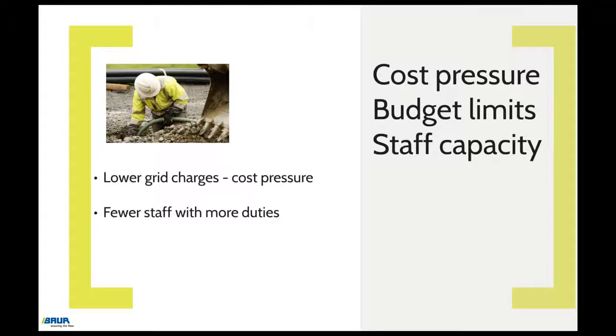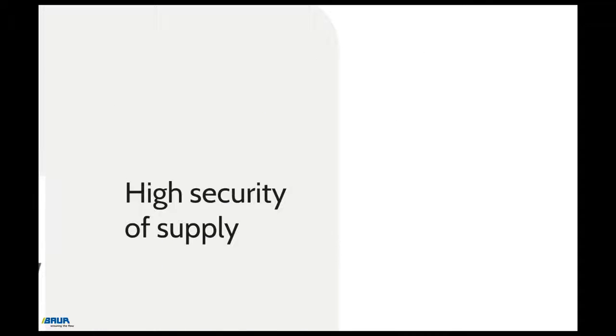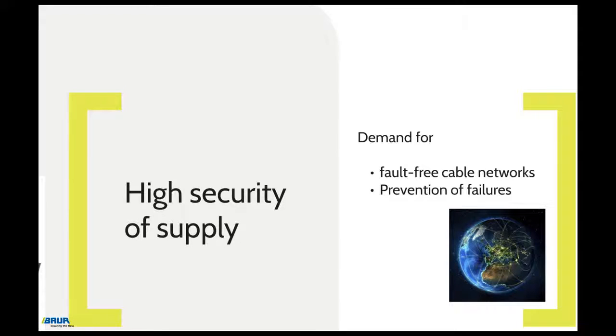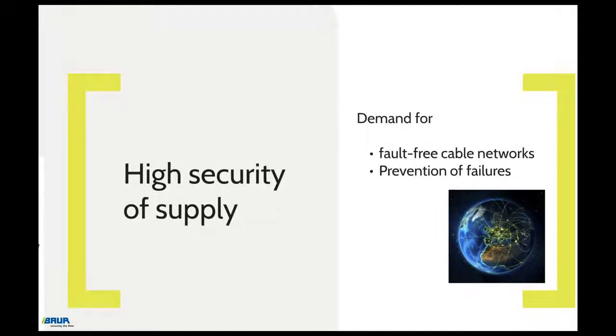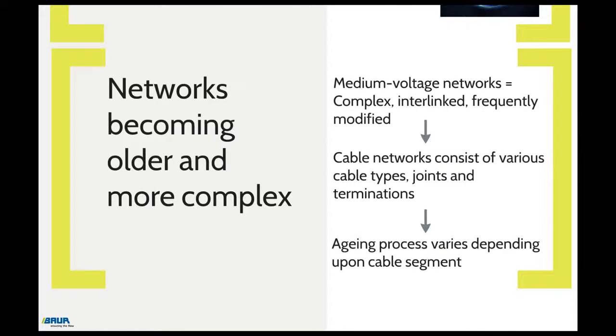Another issue is the reduction of personnel capacity. At the same time, customer expectations regarding network quality and security of supply are rising. This results in a demand for cable networks that are always intact and fault-free, and for failure prevention. Medium voltage networks are also becoming increasingly complex.